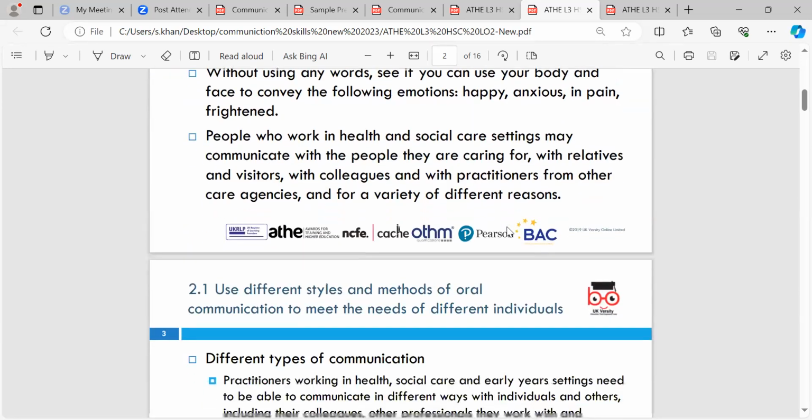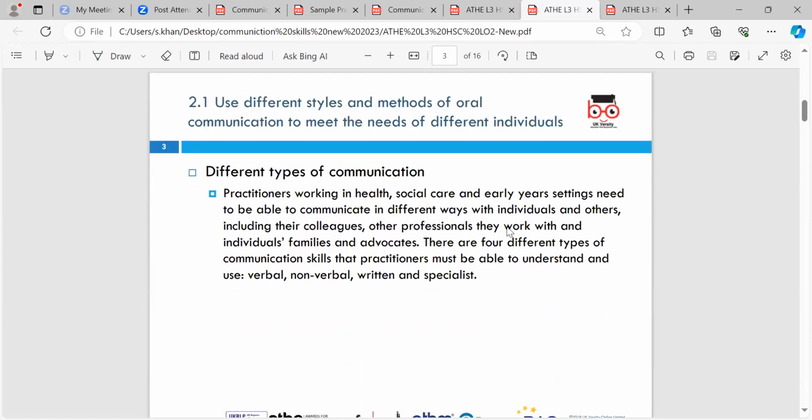So then we looked at 2.1, which was to use different styles and methods of oral communication to meet the needs of different individuals and different types of communication. Practitioners working in health care, social care, and early years settings need to be able to communicate in different ways with individuals and others, including their colleagues, other professionals they work with, and individuals, families, and advocates.